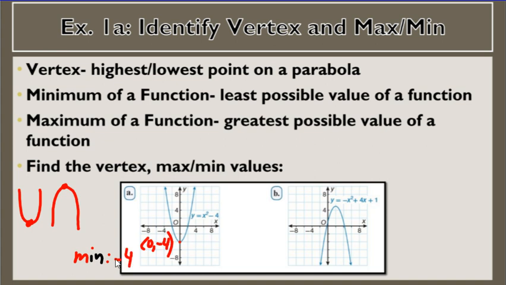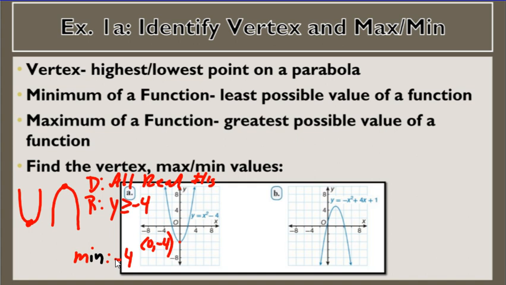If we were to find the domain and range of all this, the domain would be all real numbers, because every single x value that you put in will give you a y value. But the range has a limit. The range, y has to be greater than or equal to -4. So this is where the maximum and minimum come into play when you're dealing with the range.